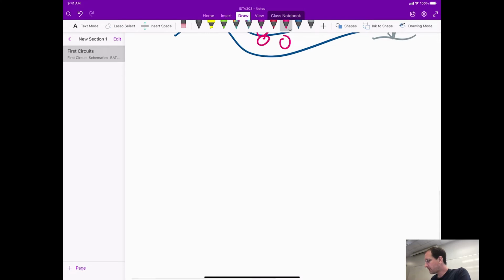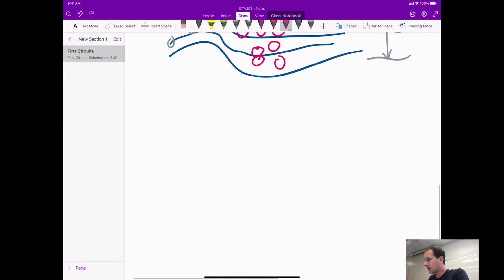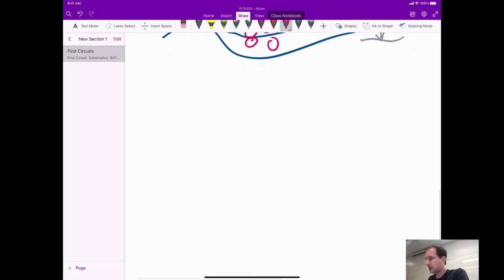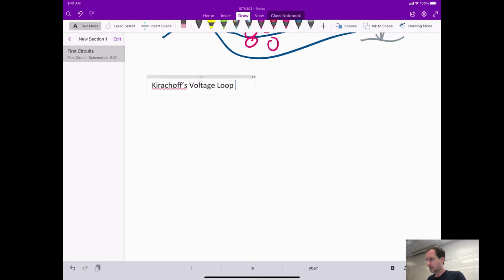So in our simple LED circuit, we have two kinds of components that we can think of here. And I'm going to give away what we're going to talk about here a bit with our heading, Kirchhoff's voltage loop law. So we can consider that in an electronic circuit there's two kinds of components.